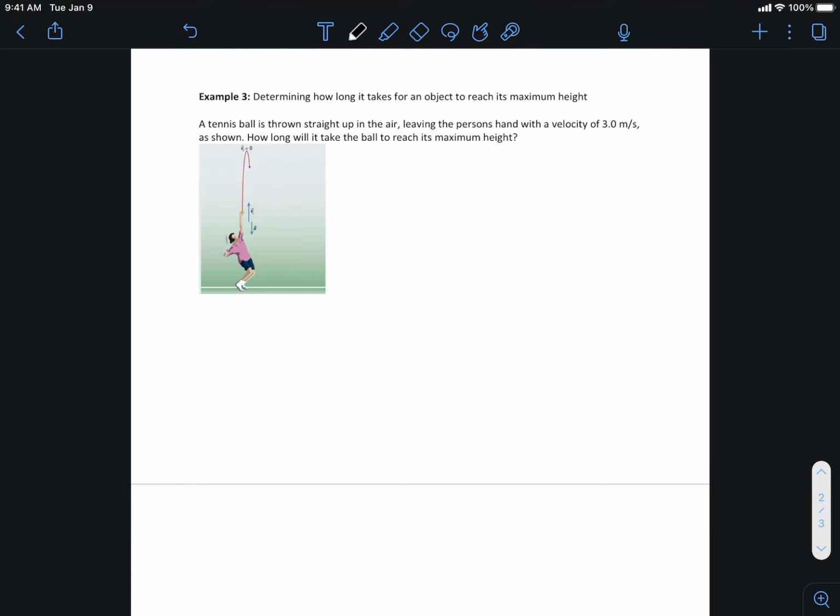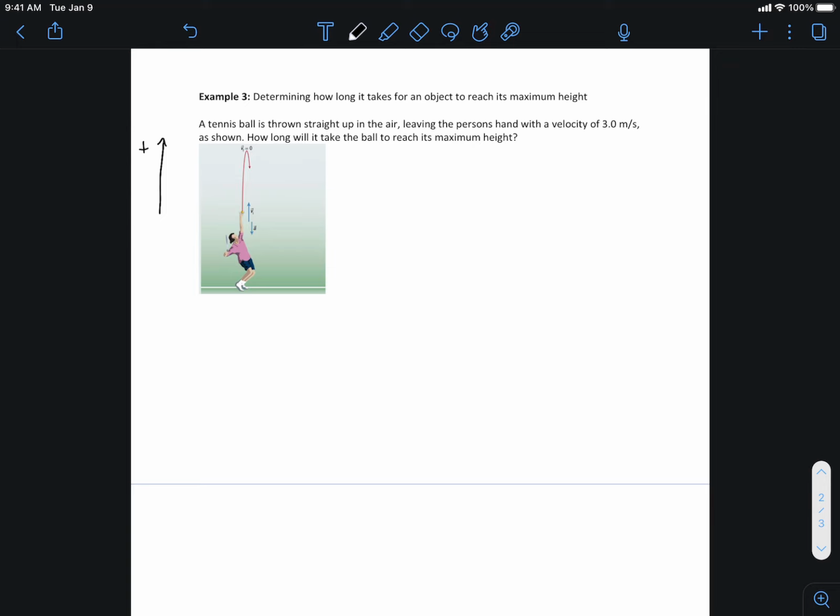So a tennis ball is thrown straight up in the air. It leaves the person's hand with a positive velocity of 3 meters per second, right? I always stick to a typical coordinate system where up is positive. You can do whatever you want, but everything has to follow that coordinate system.